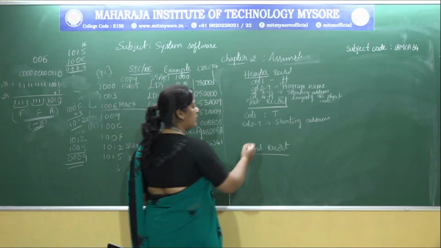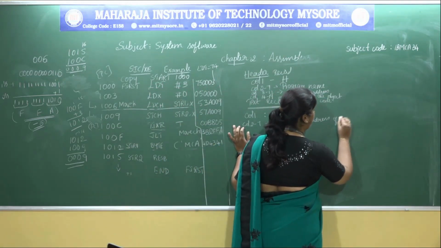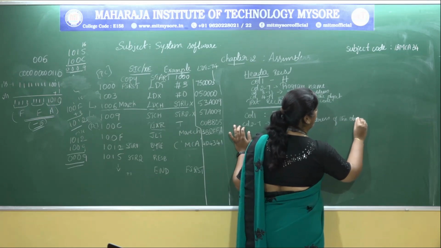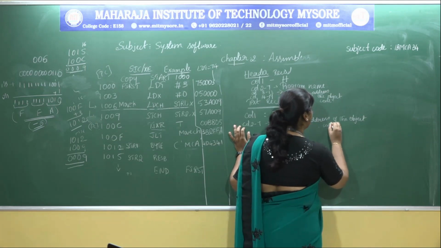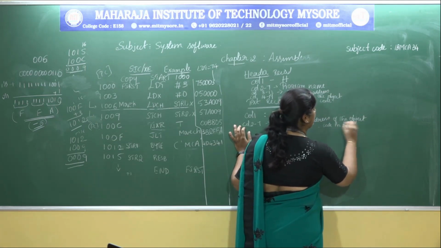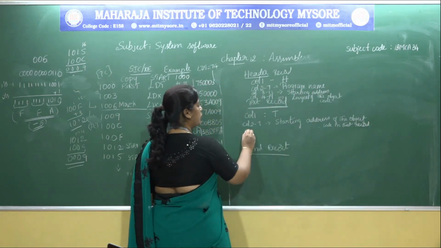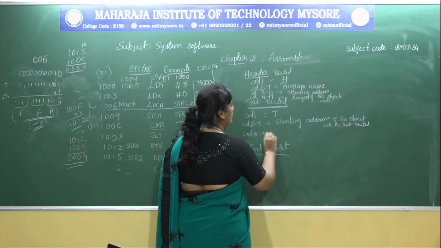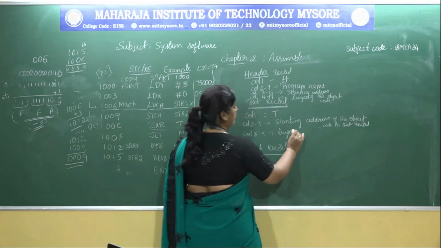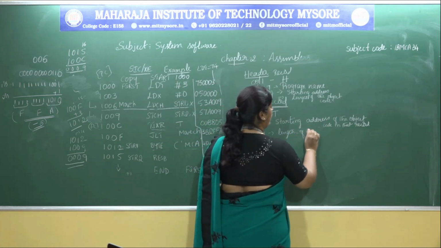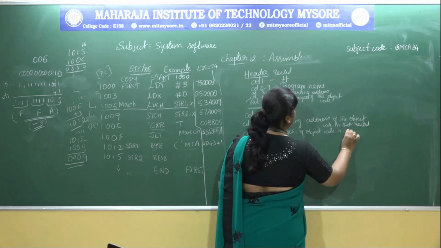In this case, columns 2 to 7 hold the starting address of the object code in that particular text record. Columns 8 to 9 are used to mention the length of the object code in that record.